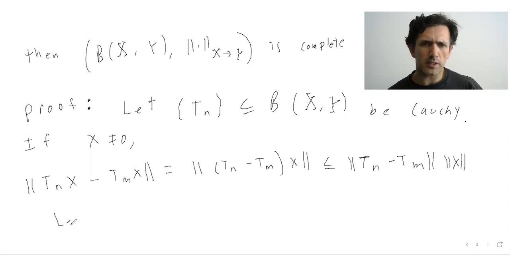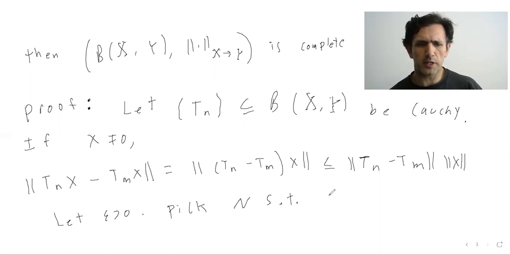Okay, so let's say epsilon is positive. Pick a natural number N such that, just restating what it means to be Cauchy, m bigger than N implies the norm of Tn minus Tm is less than epsilon over the norm of x.